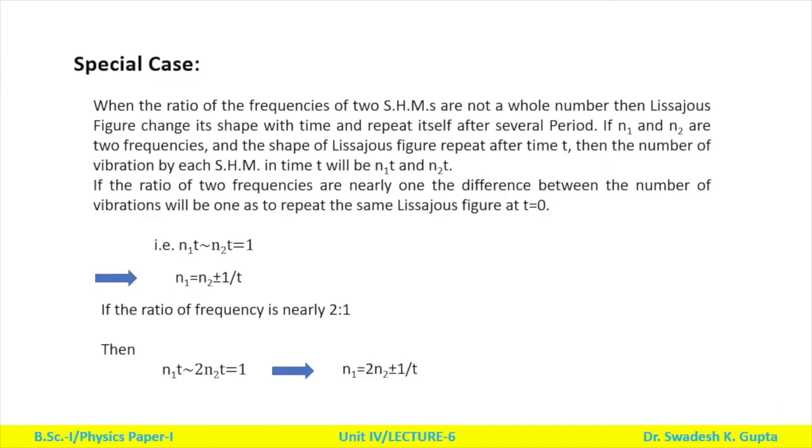Now there is a special case. Let's say the ratio of the two frequencies is not a whole number, and the two frequencies are close to 1. So what will happen in that case? Their phase difference will vary with time, and there will be a point when they will have the same phase, and this will repeat after some time.